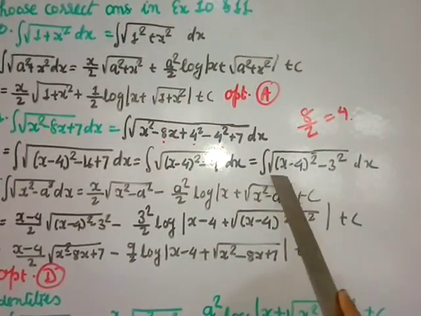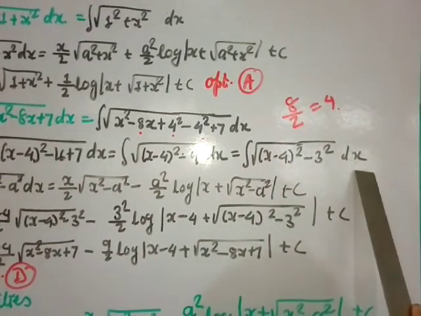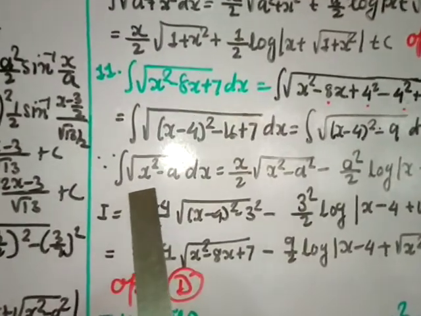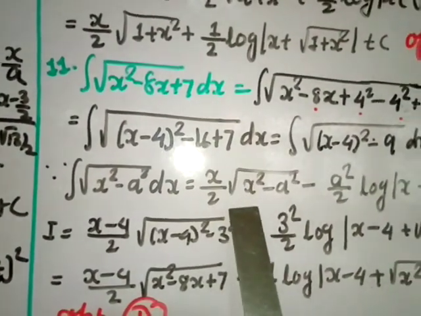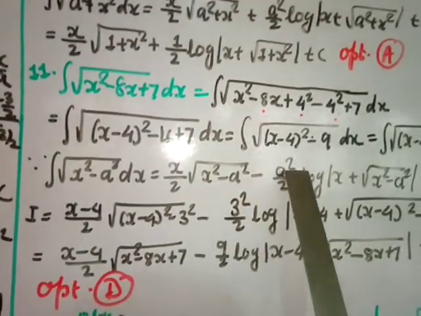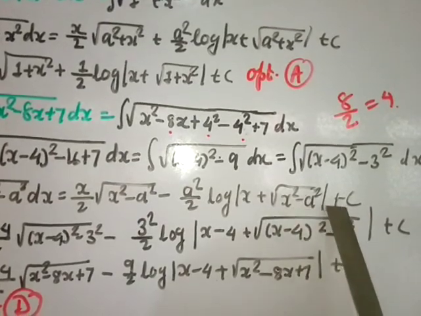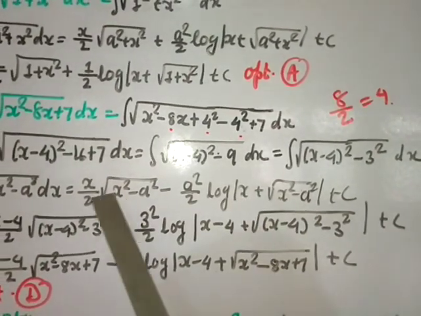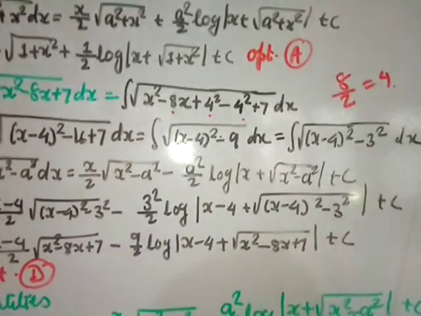So you compare, this is the x square minus a square form. I have written here integral square root of x square minus a square dx. So the answer is x by 2 square root of x square minus a square, minus a square by 2 log x plus square root of x square minus a square, plus c. Instead of x you have x minus 4, and instead of a you have 3. So we just replace.